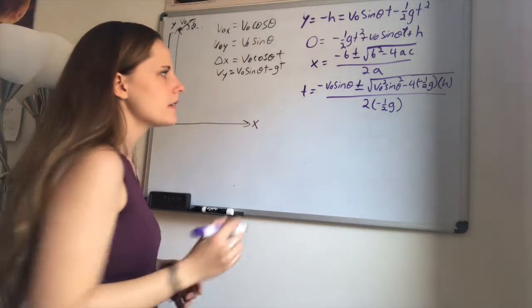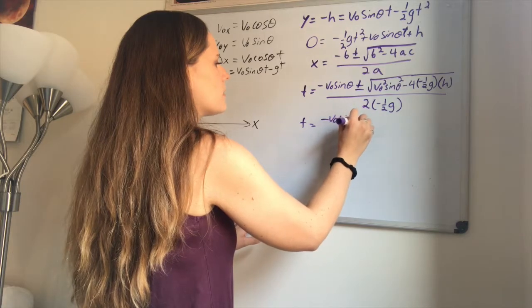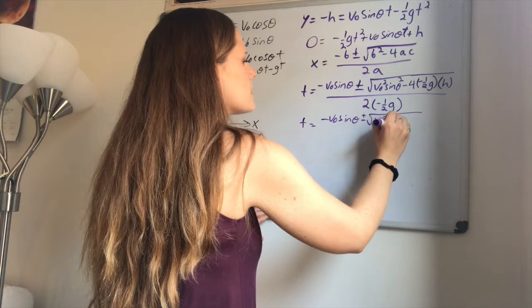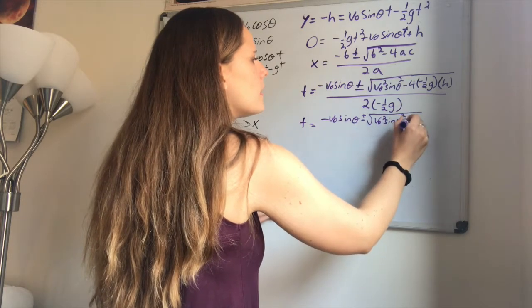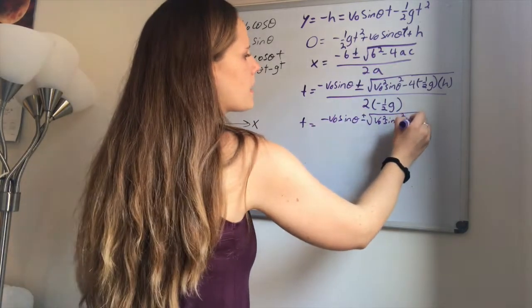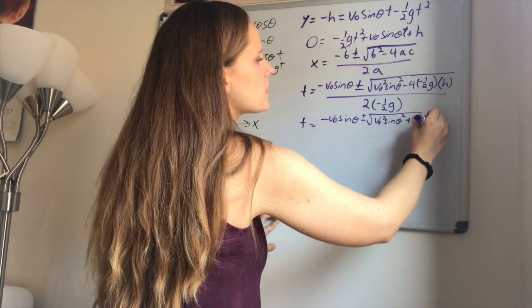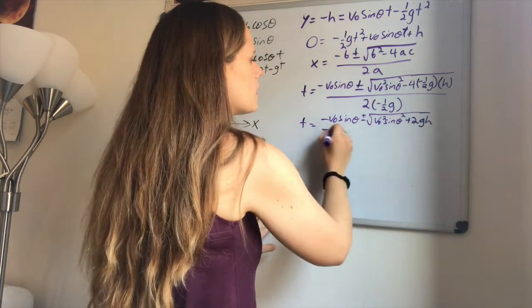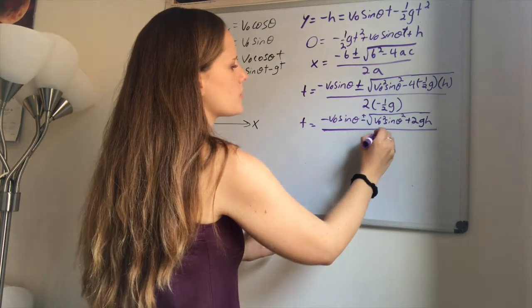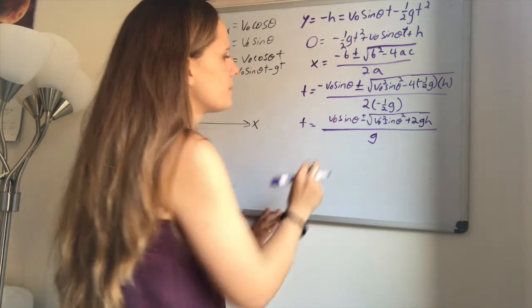So if we simplify this, we get t equals minus v naught sine theta plus or minus the square root of v naught squared sine theta squared, minus 4 times minus 1/2, so that would be plus 2 times g times h, all over 2 times minus 1/2 g, so that's just g, and then the minus will come up here and we'll just make this positive.